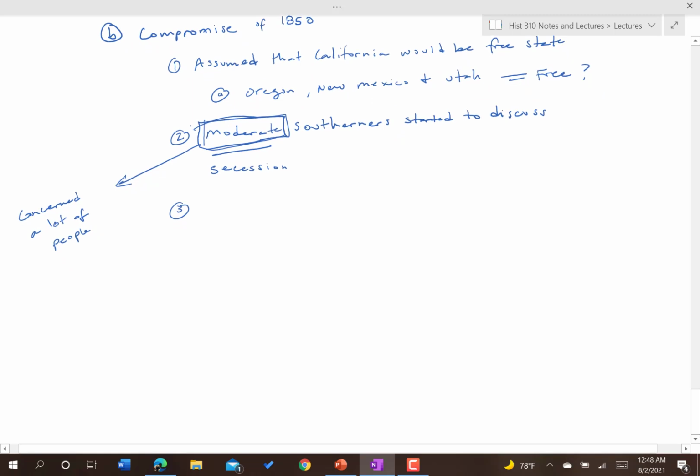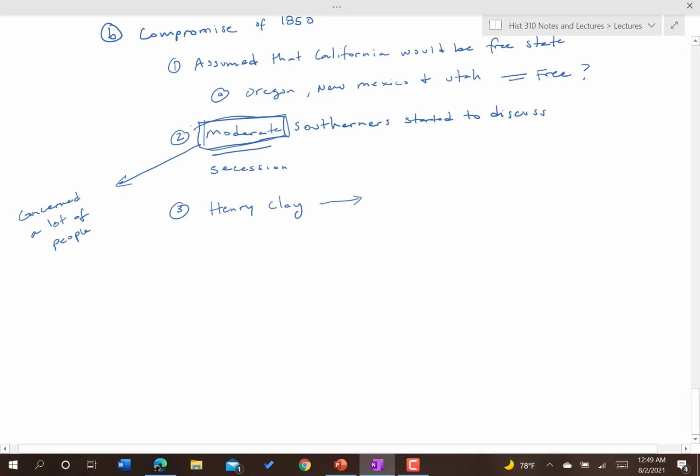So the Compromise of 1850 was set up by Henry Clay, who proposed that what they needed was a compromise to prevent secession, essentially.